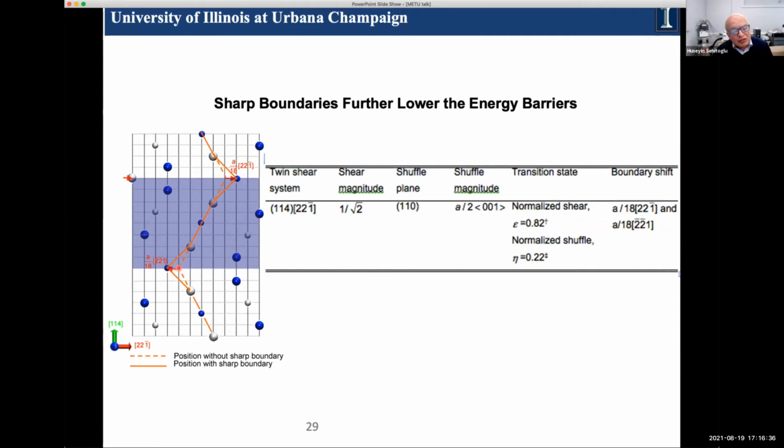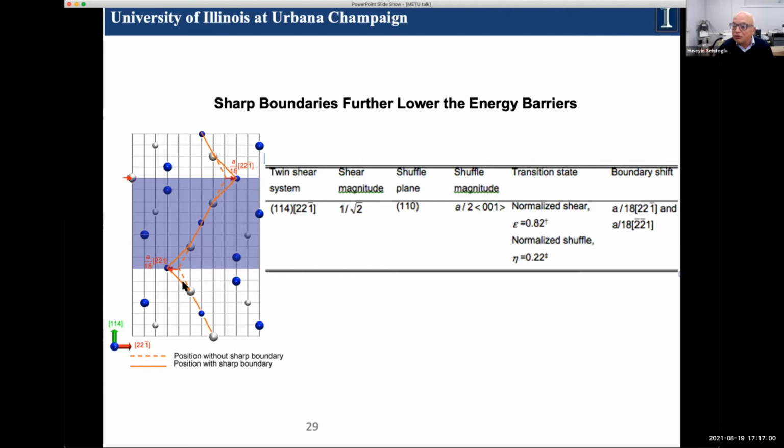So if this atom is displaced slightly, so there is a little boundary shift, that gives you a lower energy. So sometimes at the twin boundaries, the position of the atoms can be different than expected, and this produces a smaller energy barrier.